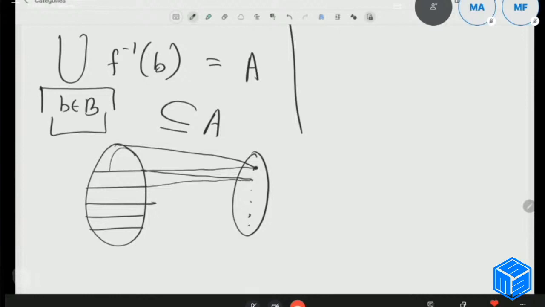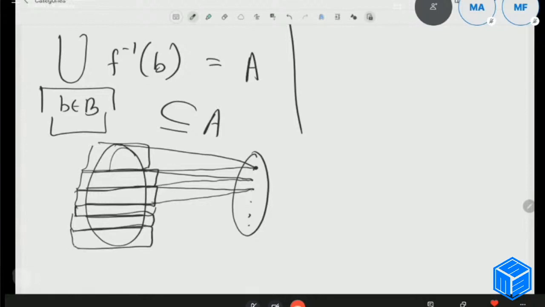Of course. Yes, Robert. Sorry about that. So you are partitioning these sets, and these are equivalence classes. Yes, absolutely. All good. Okay, so you're cutting A up into pieces, and then these pieces go into individual points. Okay.